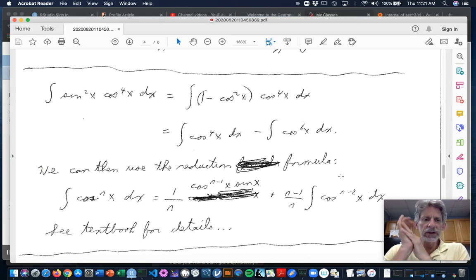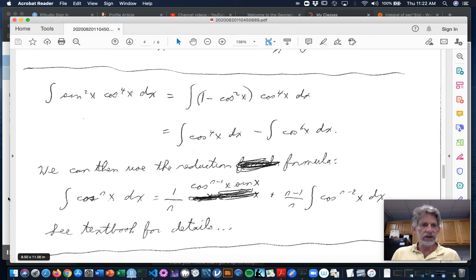Probably the most challenging thing might be when you've got sines and cosines multiplied together and there's even powers of each one of them. My suggestion, there's a couple of different things you can do, and my suggestion is go ahead and try to get even powers of just one type.